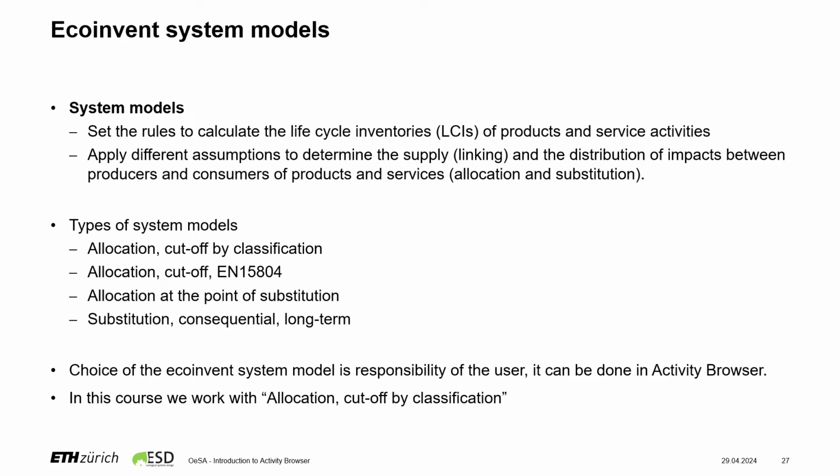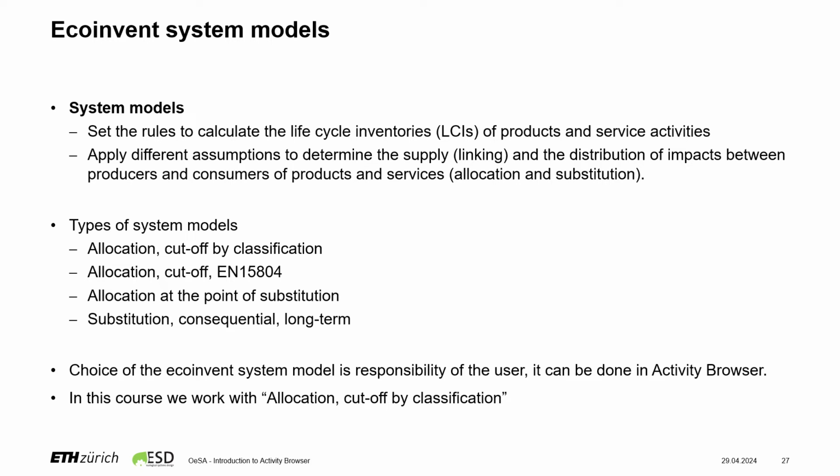There are different types of system models. So there are allocation system models. These are basically the methods applied in the attributional approach to convert multi-output activities into single output activities. And there are also substitution methods that follow the consequential approach. So you will learn more about this during your master studies.